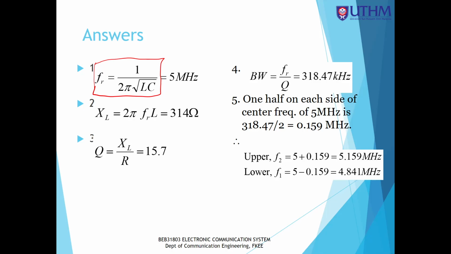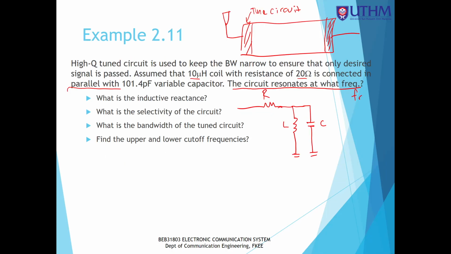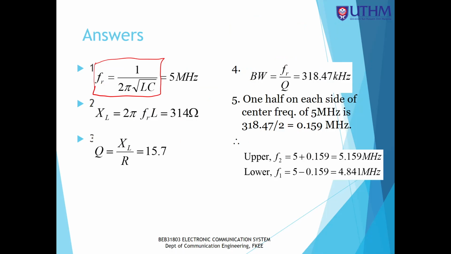Okay, you can try now using your calculator. 10 microhenry multiplied with 101.4 picofarad. You multiply both of these and then take the square root, and then multiply with 2 pi, and then 1 over the answer, and you get 5 megahertz.